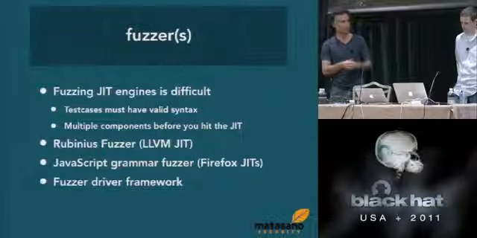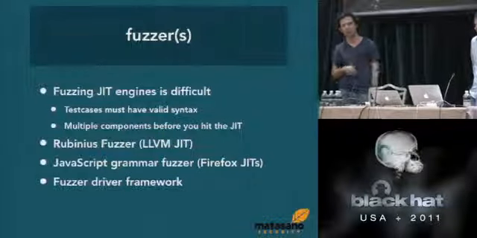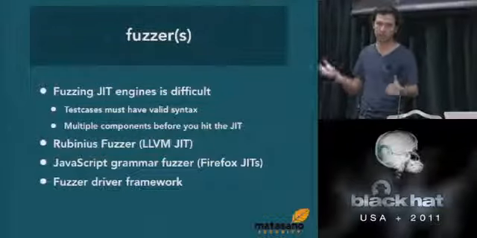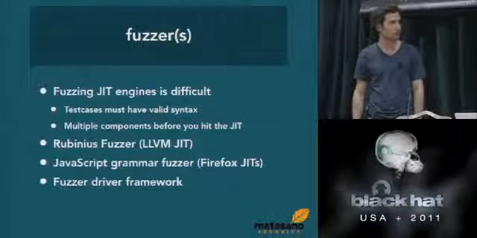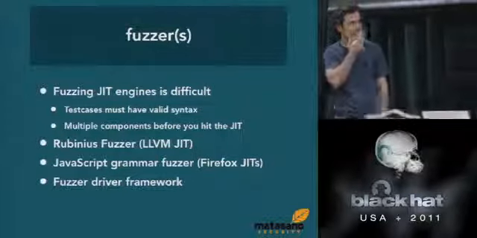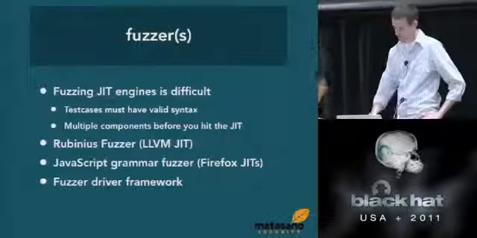We created a JavaScript grammar fuzzer as well for targeting Firefox. And we created a fuzzer driver framework, which did crash binning and all the process management and test case feeding. The Rubinius fuzzer was the easiest way to reach the LLVM JIT from a higher level language.